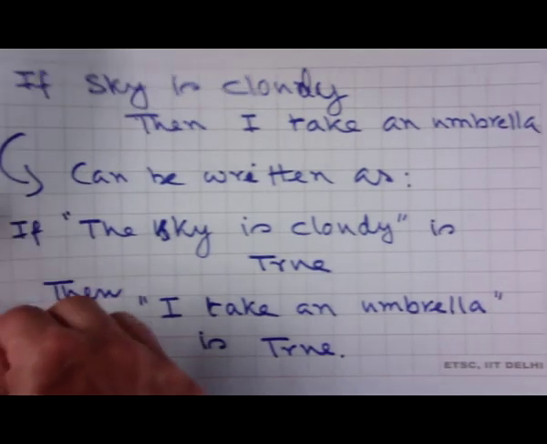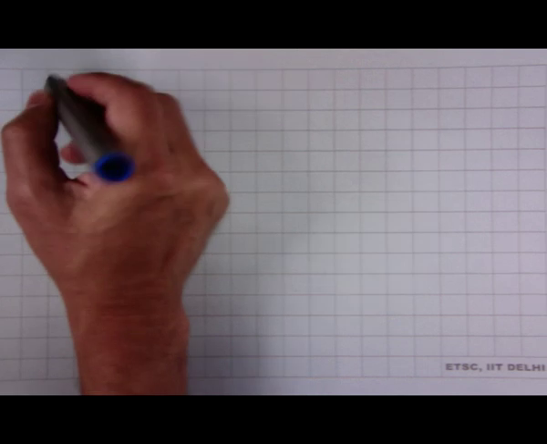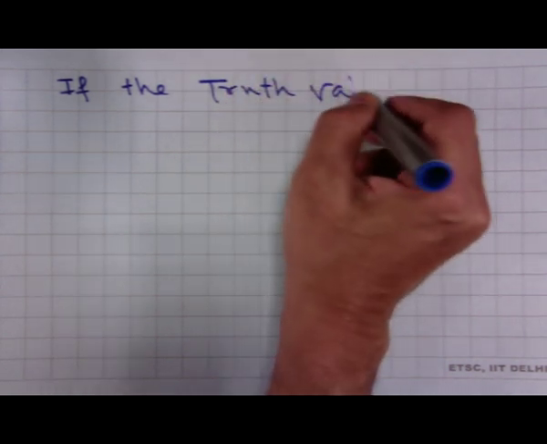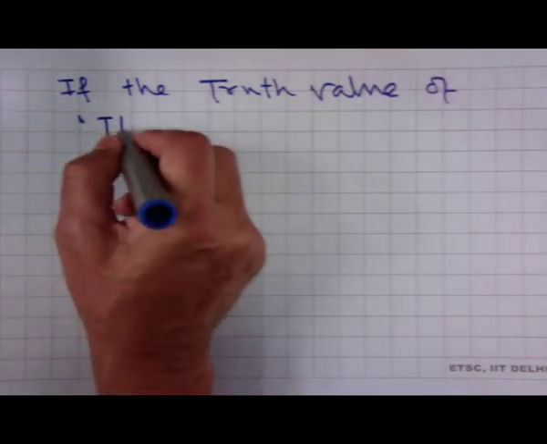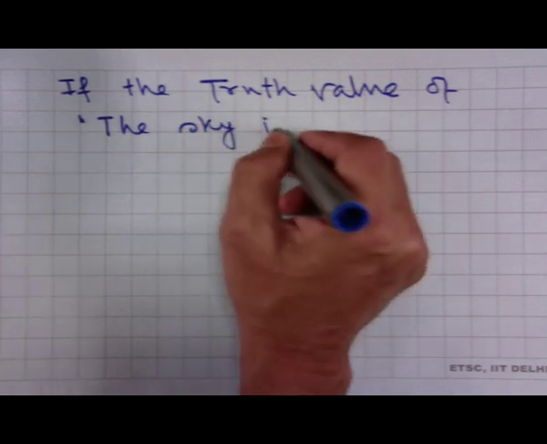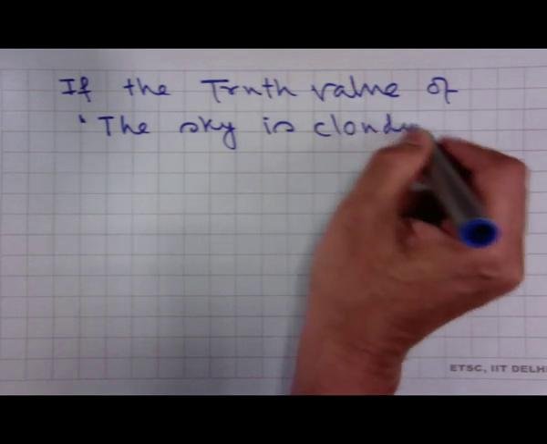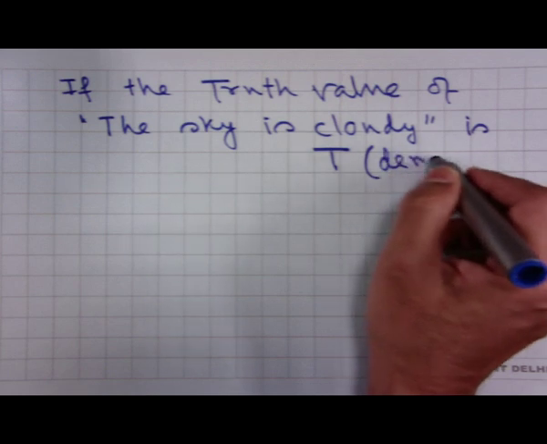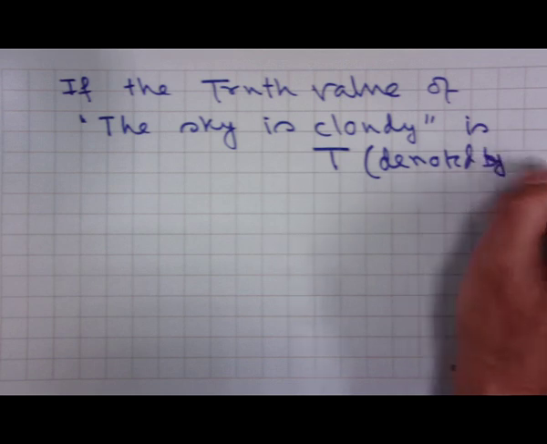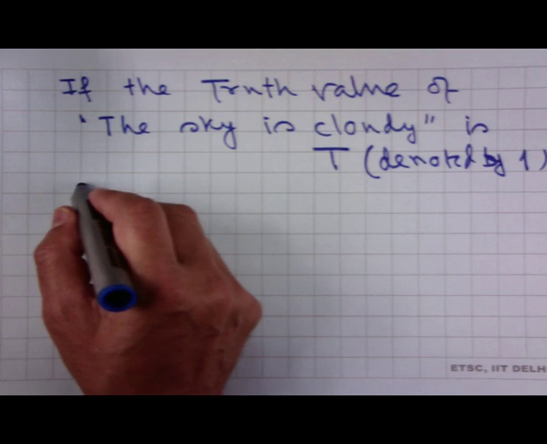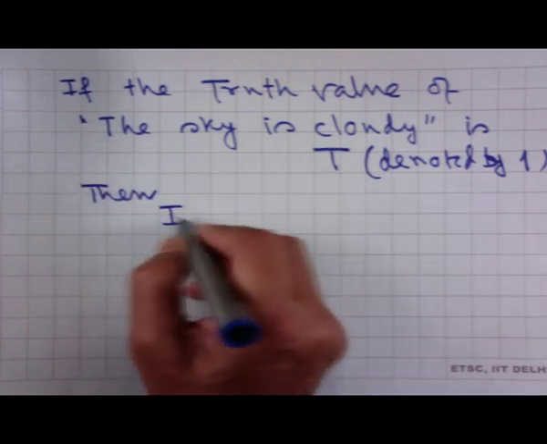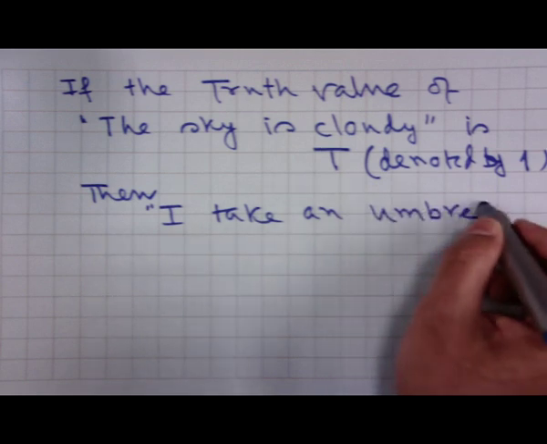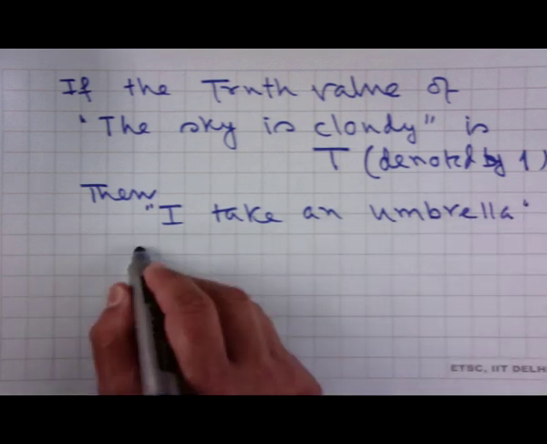Or in other words, if the truth value of "the sky is cloudy" is true, which we denote by 1, then "I take an umbrella" also has truth value 1.